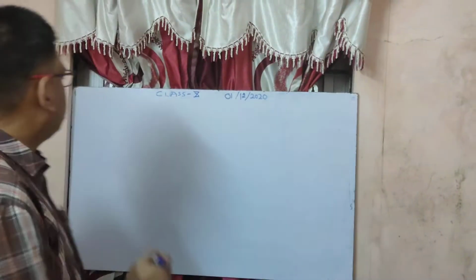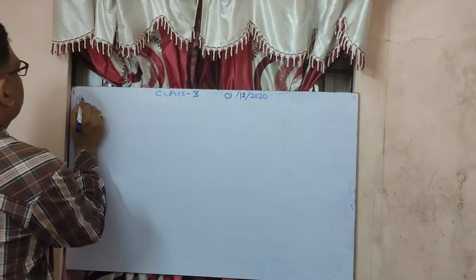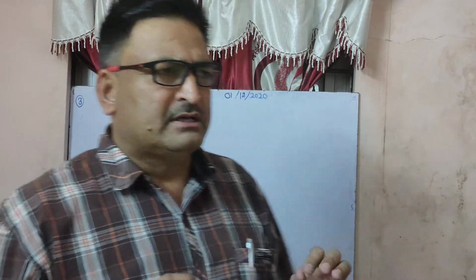Now, what is question number 3? You can look into the book. Is it possible to design a rectangular mango grove?